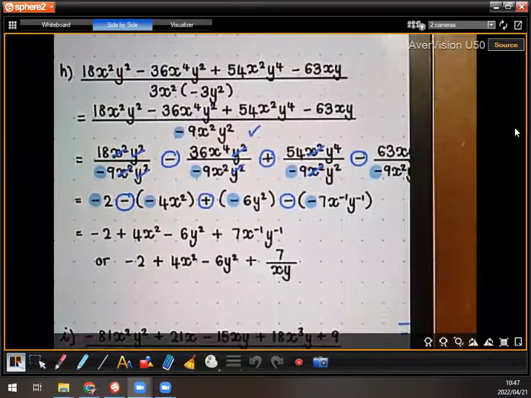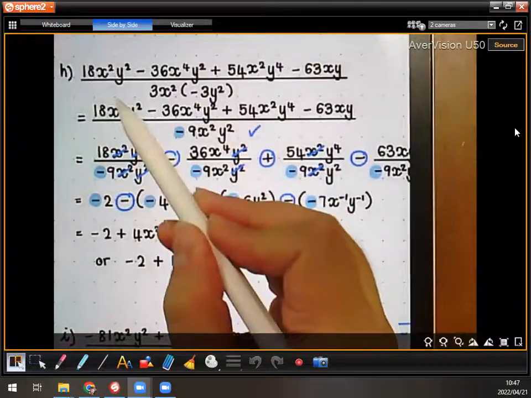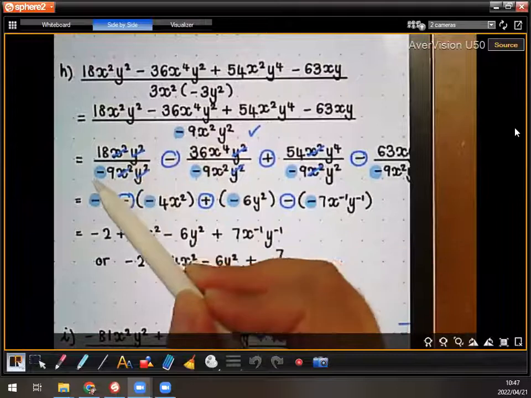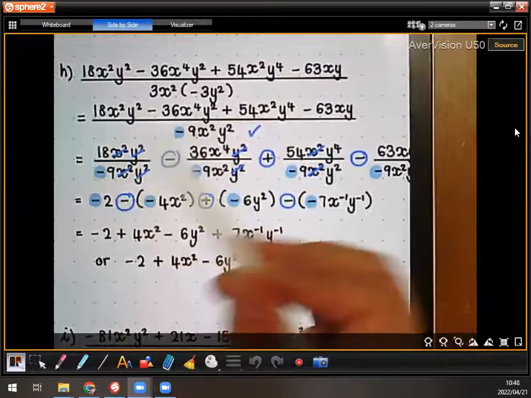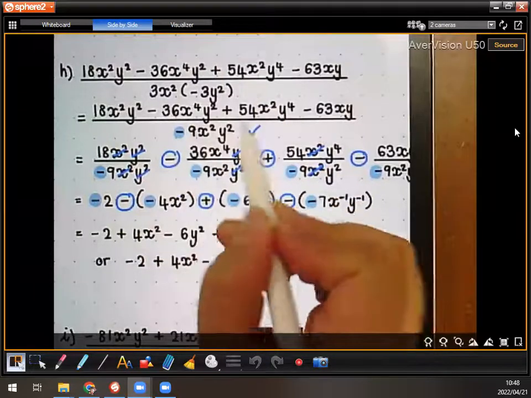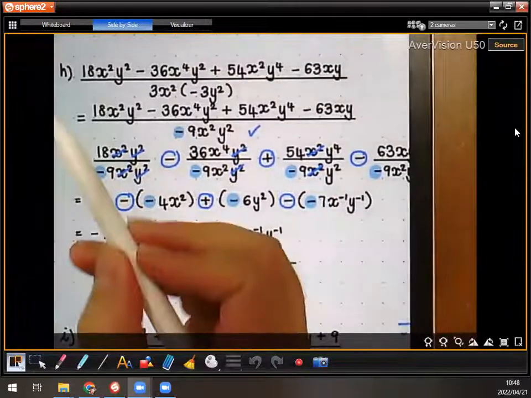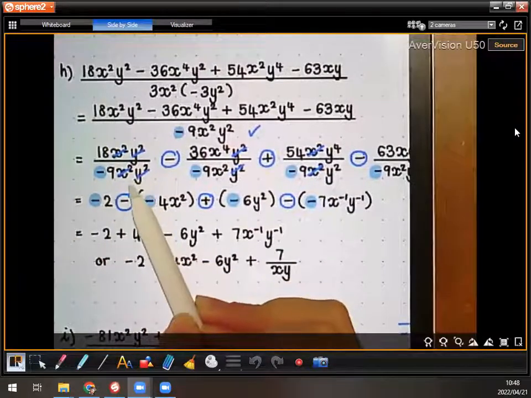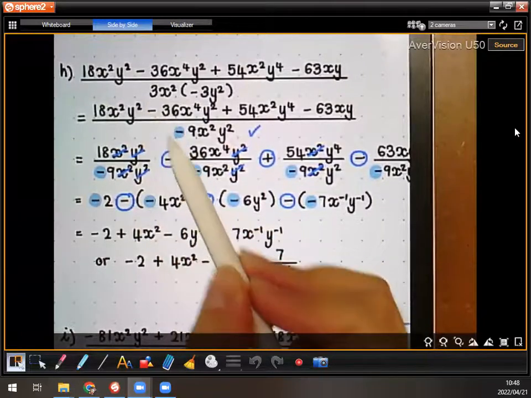Okay, if this was a question in a test or in an exam, you would get 1 mark for doing that. Next up, you now need to split the fraction up like we've been doing all the time. All right, so you're going to say that over that. But now, guys, can you see that I highlighted that minus every time I used it? Because now the denominator is negative. So when you split your fraction up, all your terms will be over that negative thing, all right? So it's this over negative 9x squared y squared. Then this minus is coming, right?